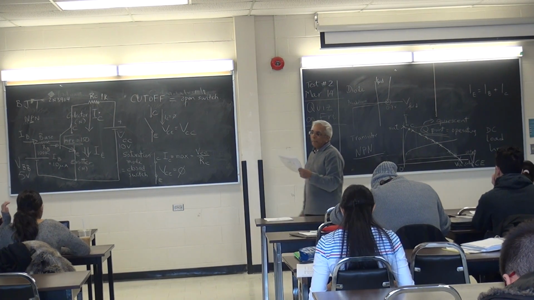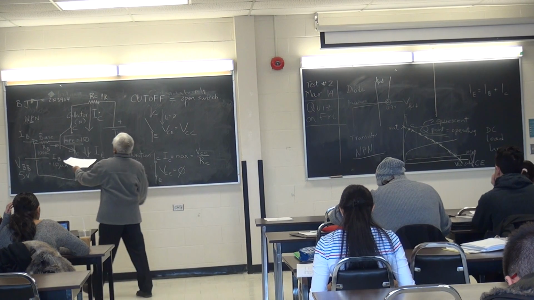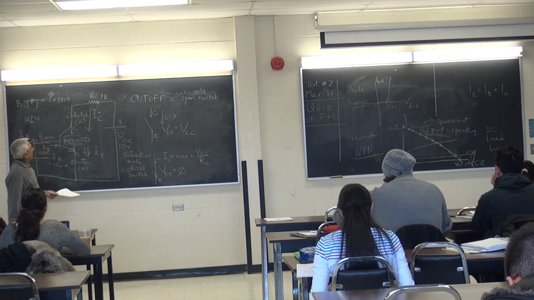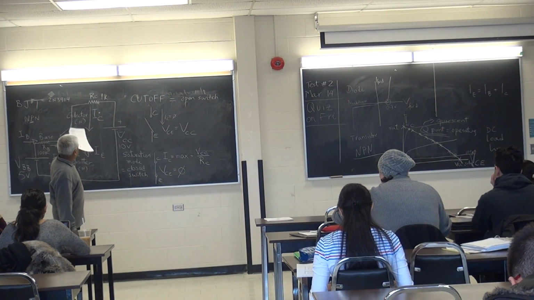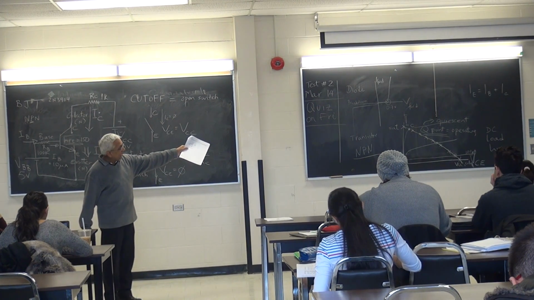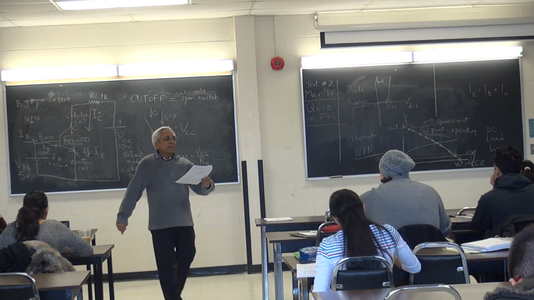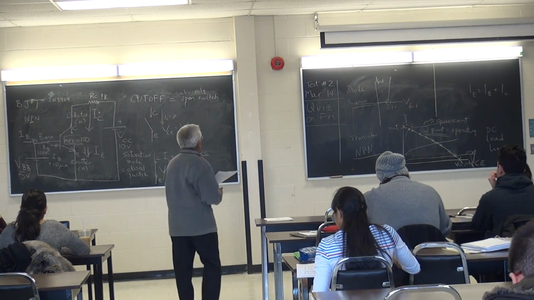And then, based on that, calculate the current IB, the current IC, the current IE, and VCE. So once we determine IB, IC, IE, and VCE, then we know the point on the graph where the transistor is operating. Okay, so let's do that.